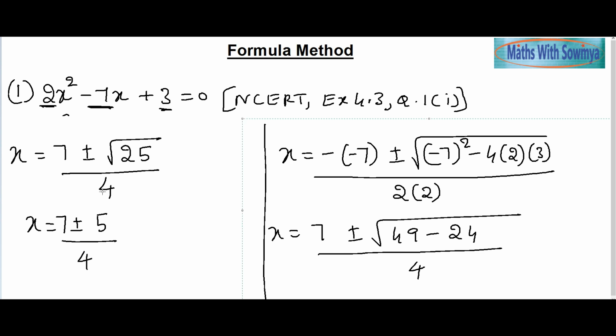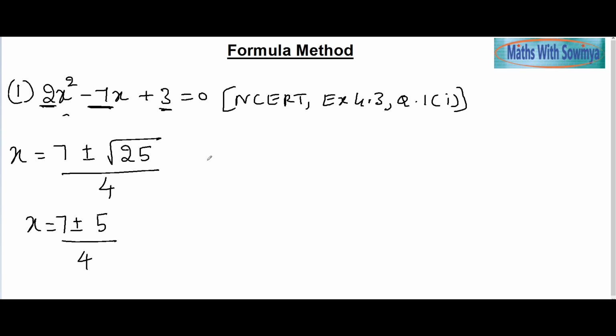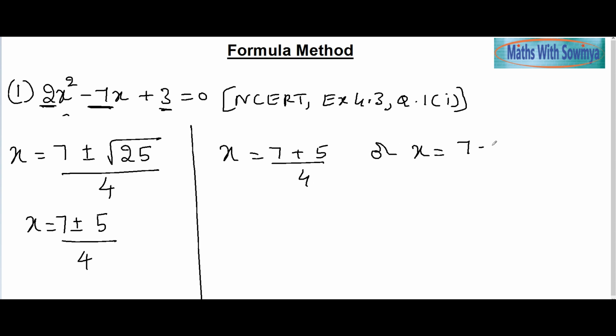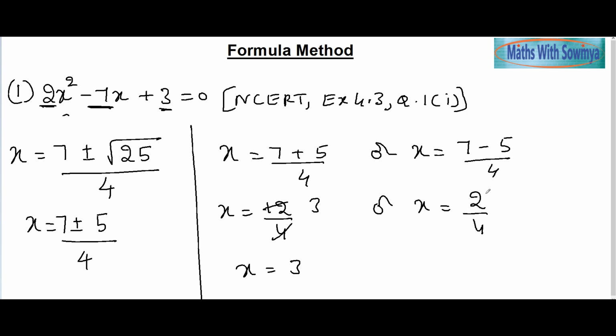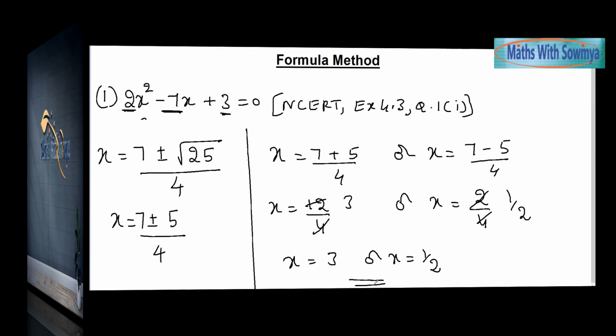Now, x is equal to 7 plus 5 by 4 or x is equal to 7 minus 5 by 4. In this case 12 by 4, that is 3, so x is equal to 3, or x in this case, how much we get? 7 minus 5, 2 by 4, half. So x is equal to half. Same answer we'll get even in the formula method.